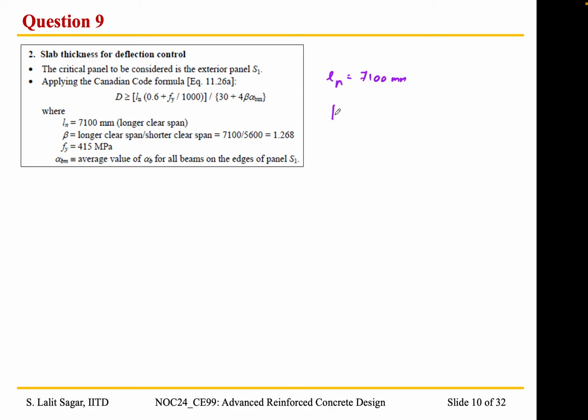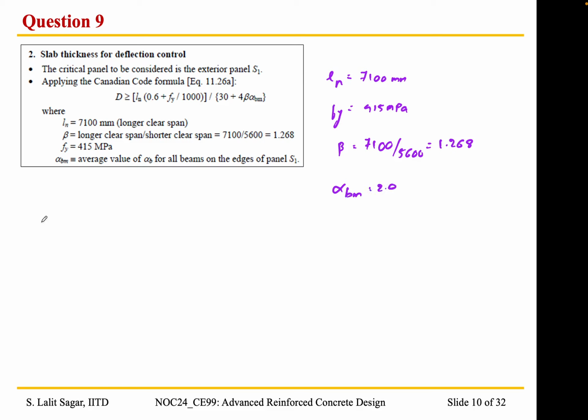And fy is how much? 415 MPa. And beta is the ratio of the longer span to shorter span, and both of them need to be the clear span values. So that is 7100 by 5600, which is equal to 1.268, and alpha bm is 2.0.